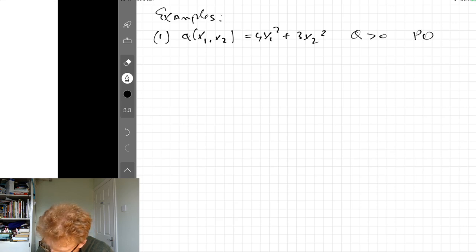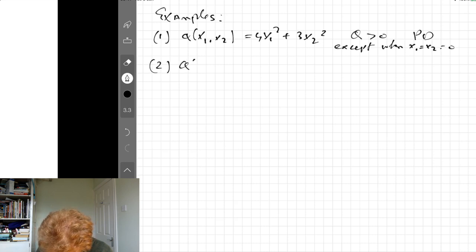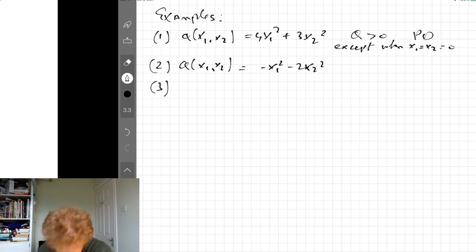So this is positive definite. Now go back to the definition, except when x1 and x2 are 0. Two, well, we continue, minus x1 squared minus 2x2 squared, so you can analyze that just using the definition.